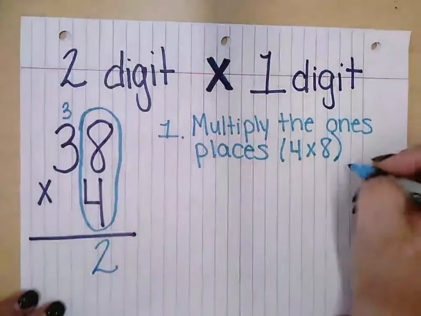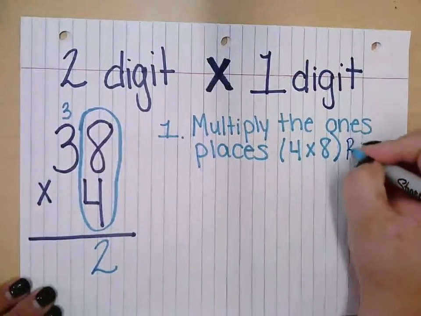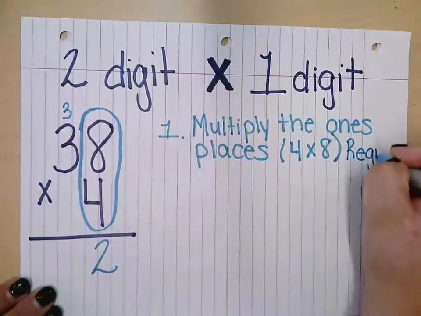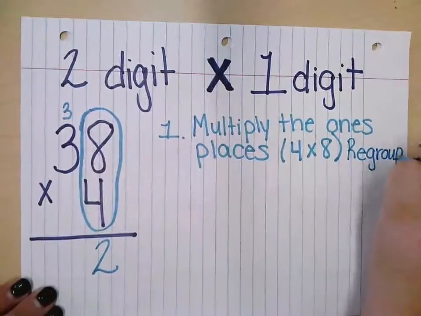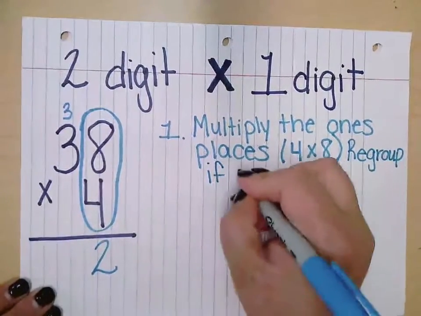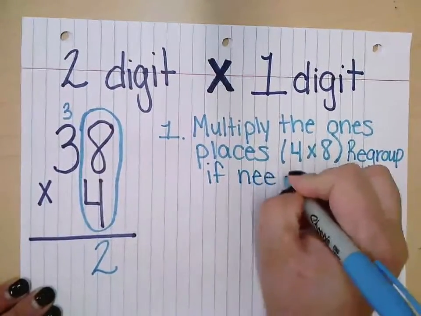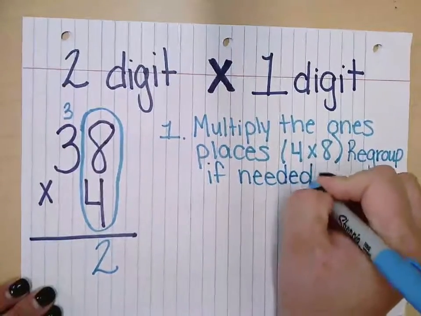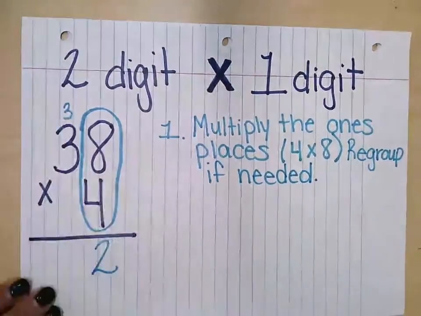So we're going to add to our directions, regroup, if needed. In this problem, it was needed. We had to regroup our 3.